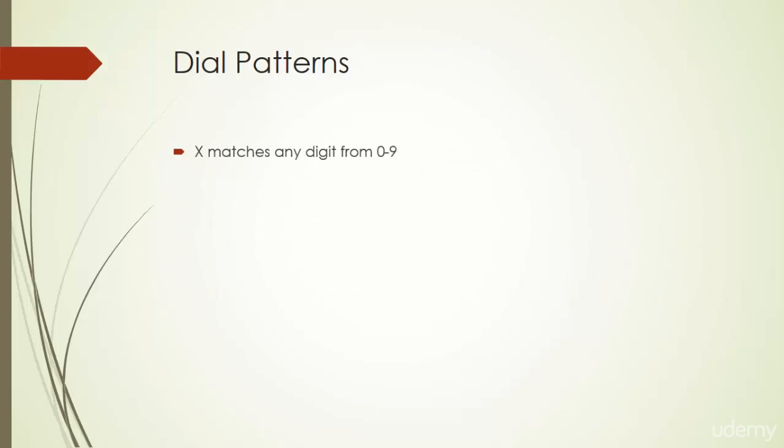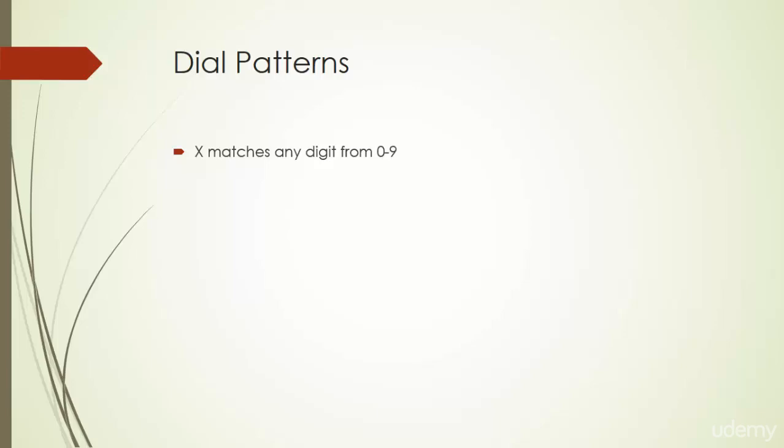First of all, you should memorize this: in a dial pattern, X matches any digit from 0 to 9. If you're living in the American side, 0 is known as O. So these are the digits we have in mathematics, from 0 to 9.